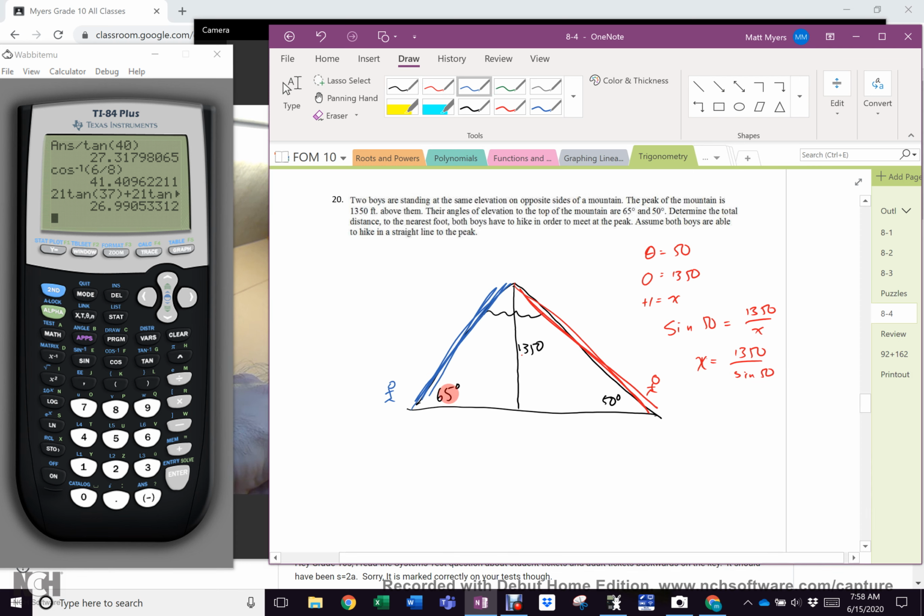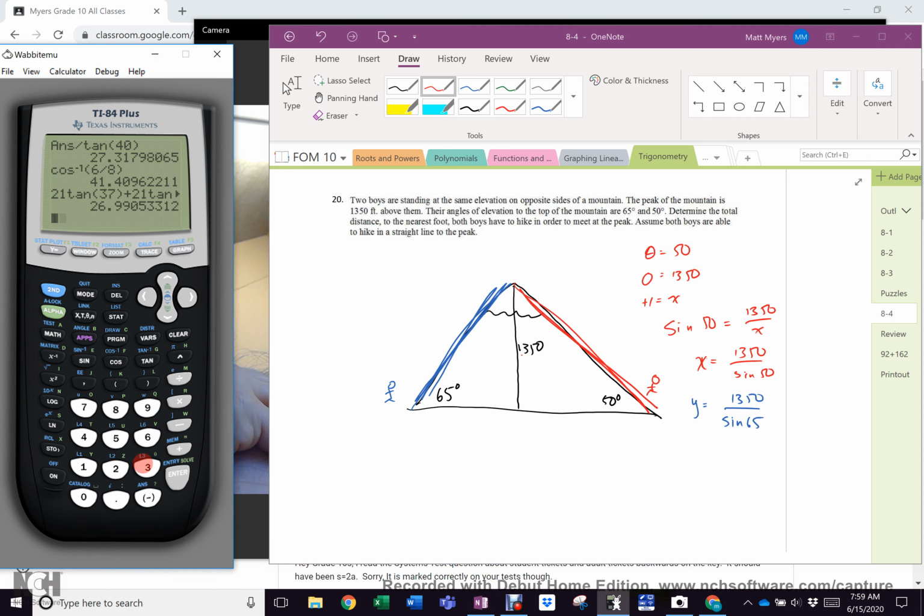Which means over here, obviously, y equals 1350 divided by sine 65. And all I have to do is add those two answers. Boy 1, 1350 divided by sine 50. He has to walk 1762.